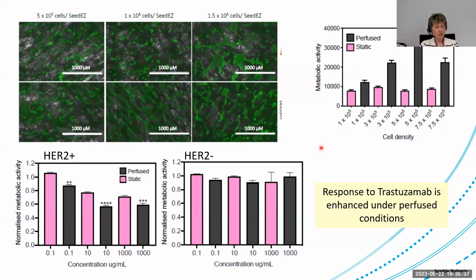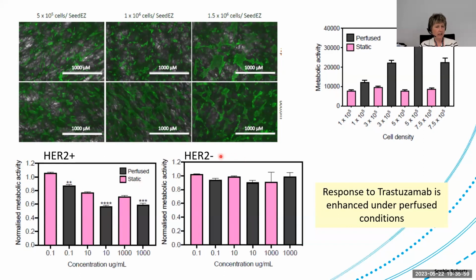And we wanted to see if that was also reflected in the response to therapy. So in the bottom panel here, we used a drug which is commonly used to treat HER2 positive breast cancer. This was trastuzumab. And you can see that the effect of trastuzumab was enhanced under the perfused versus the static conditions.